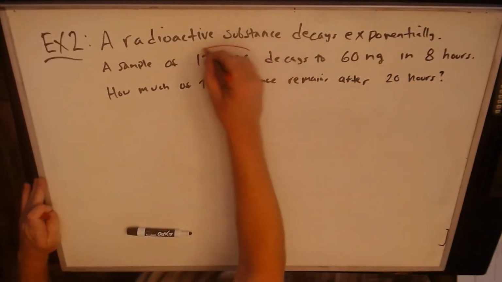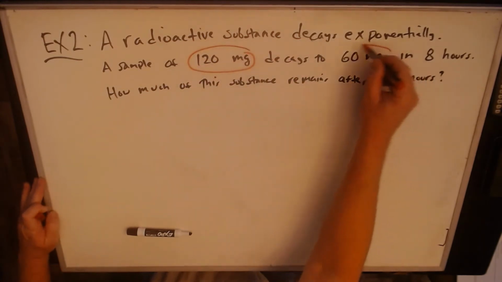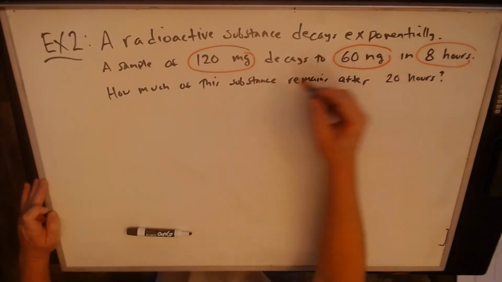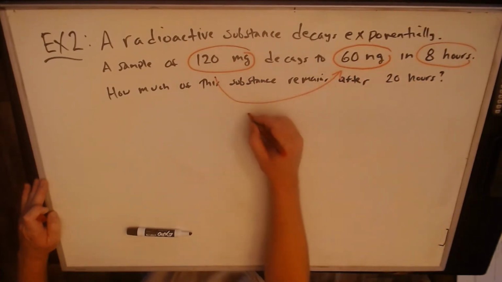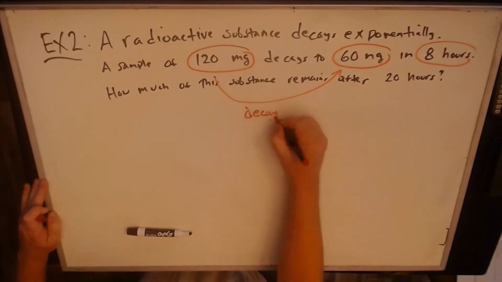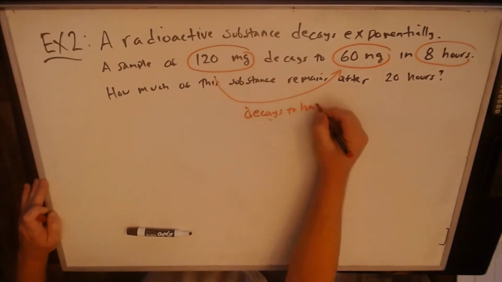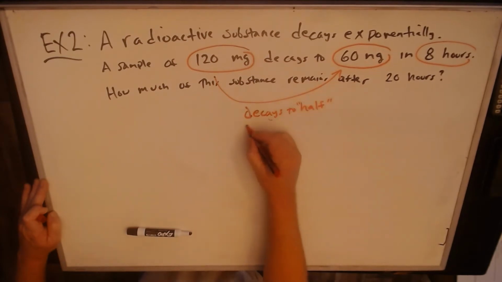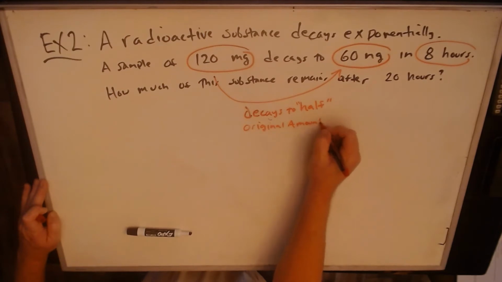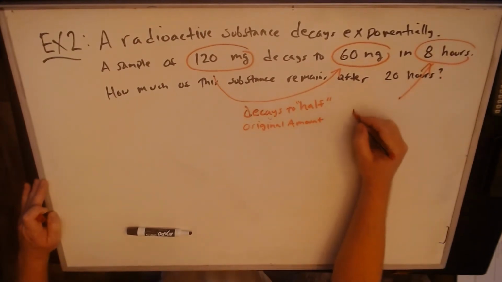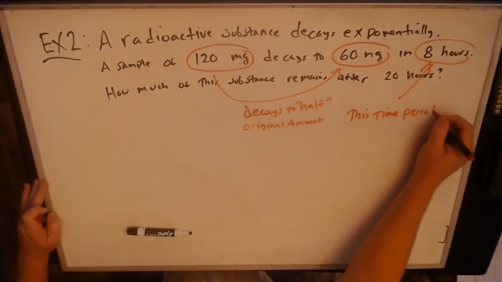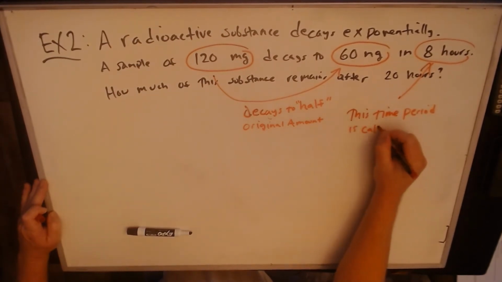And so if the amount of the substance decays to half, then this is called its half-life. So this time period is called the half-life.